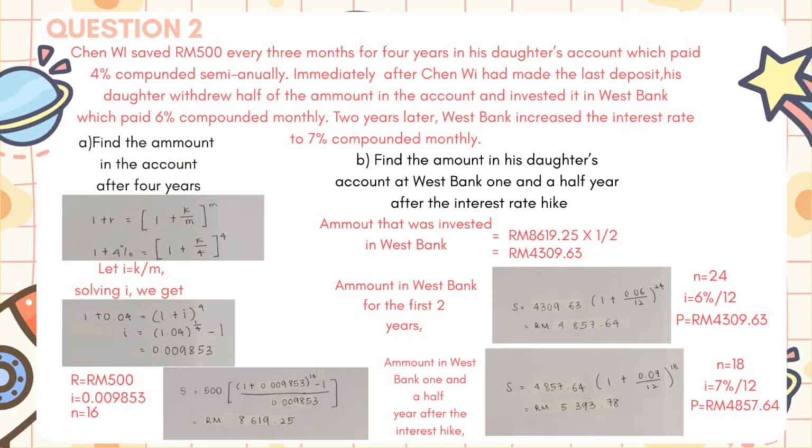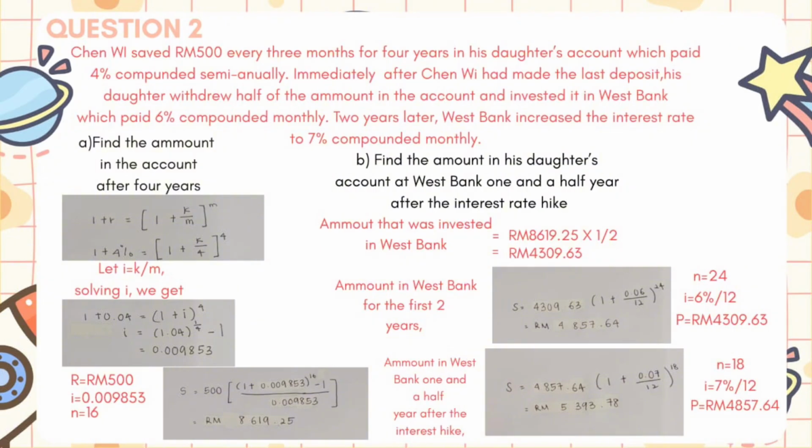For this question, we need to find the new I, which is the interest rate per interest period. It is because it said that Chenwi saved 500 ringgit every 3 months, so it is supposed to be compounded quarterly. After solving the I, we get 0.009853. And then the periodic payment R would be 500 ringgit, N would be 16 because compounded quarterly multiplied by 4 years.